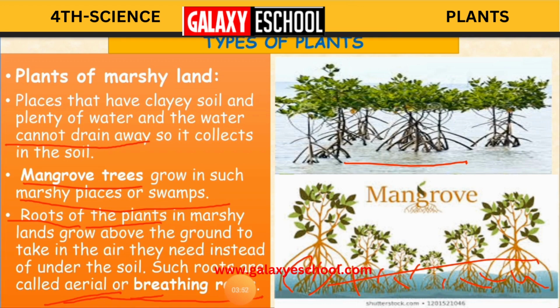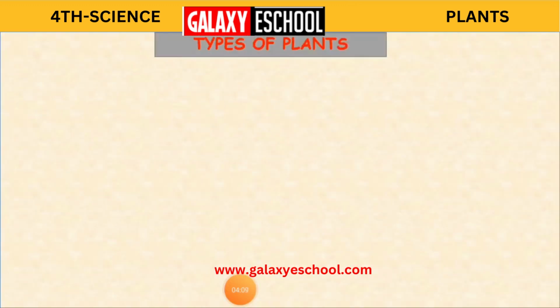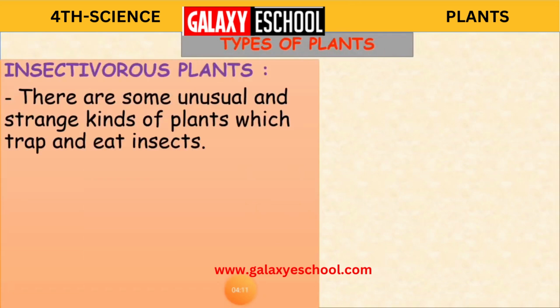These trees have roots above the ground. Why? To take the air they need. And such types of roots are called breathing roots. Clear, children? Okay. Now the other type of plants here, insectivorous plants.